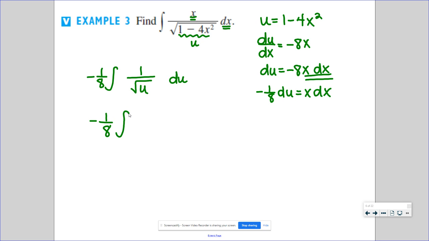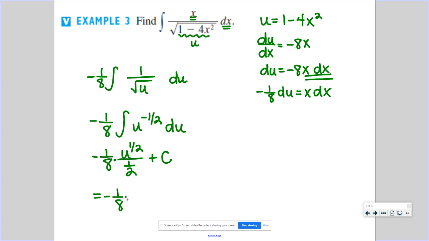All right, so I'm going to rewrite 1 over radical u as u to the negative 1/2 power, because that makes it easier to do the integration step. And now we can antiderive. So that means add 1 to the power, divide by the new power. So it would look like this, plus c. And then we can maybe clean this up a little bit. So remember, dividing by a fraction is the same as multiplying by the reciprocal.